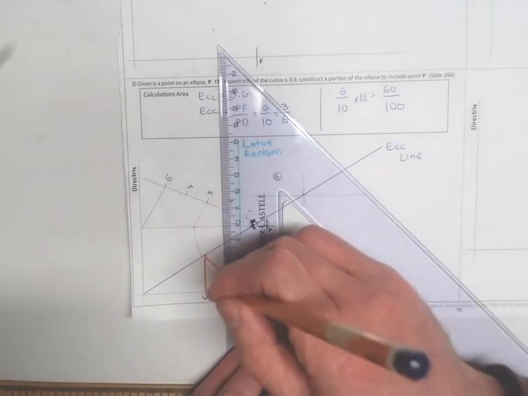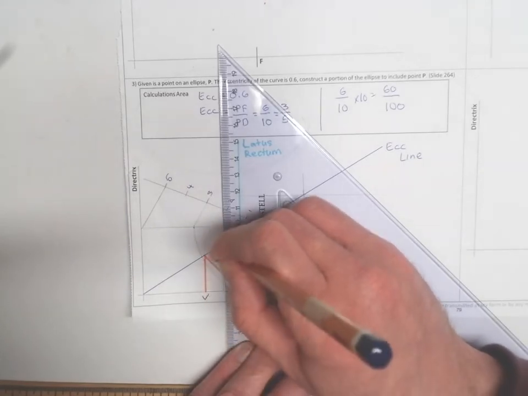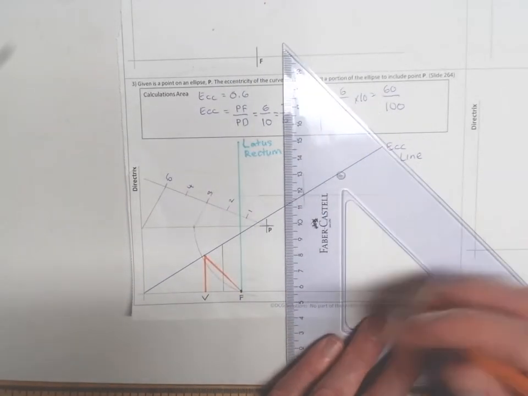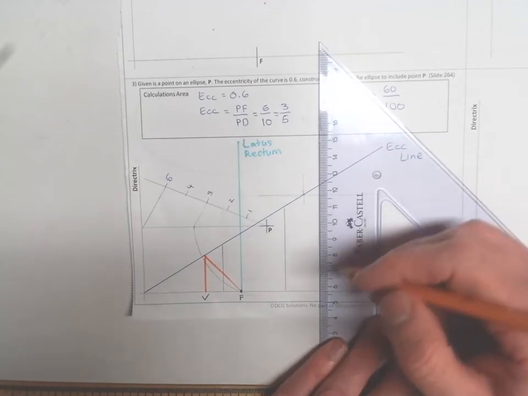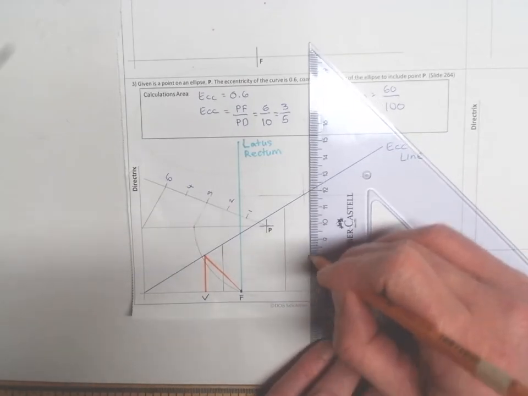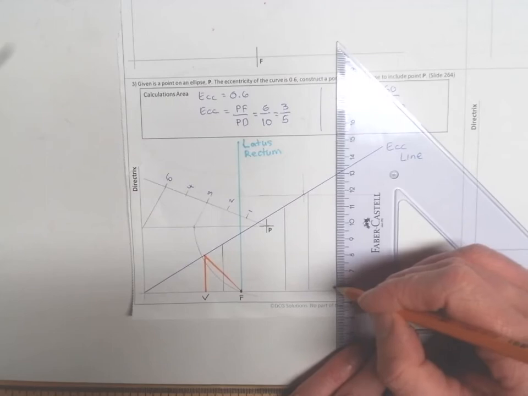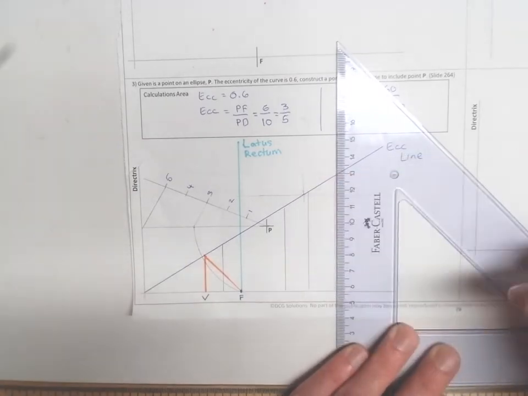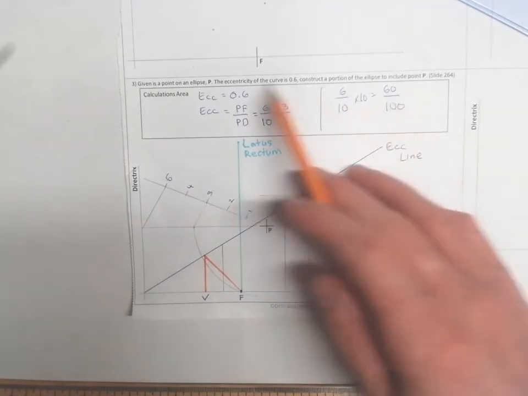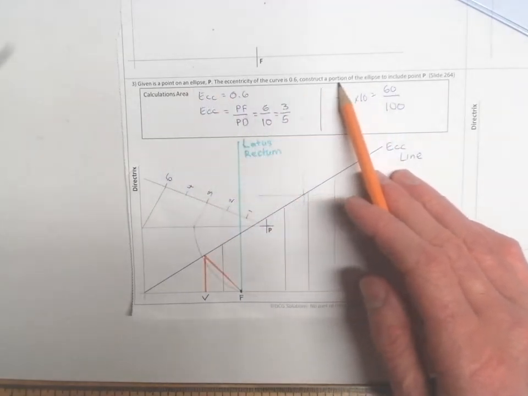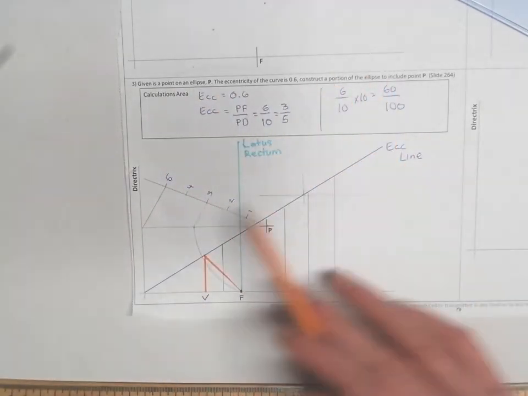So I'll do one in between here. And then I'm going to go, I'll just do that much for the video. So given the point, we're only asked to draw a portion, so we don't have to draw the whole thing.